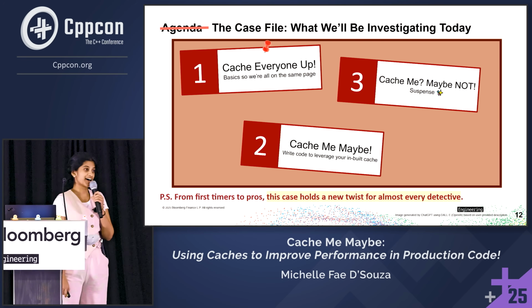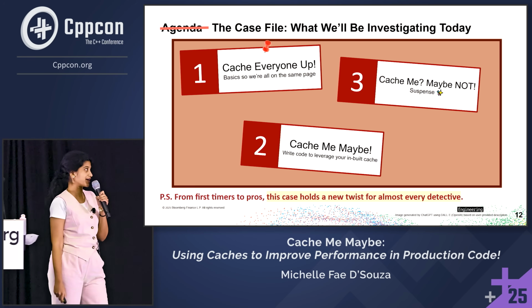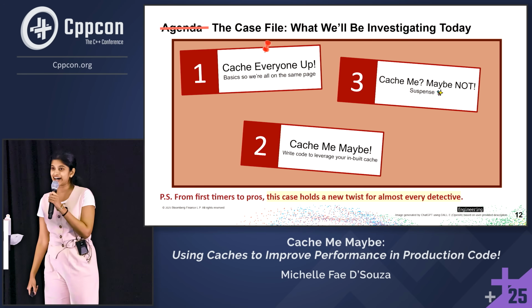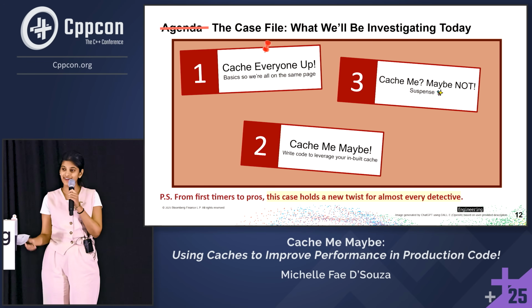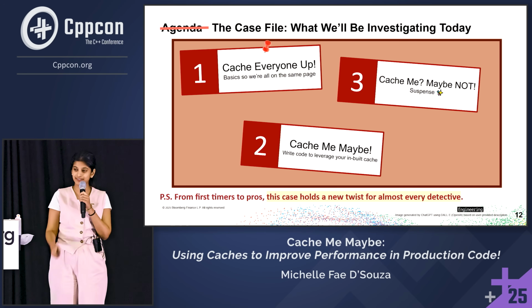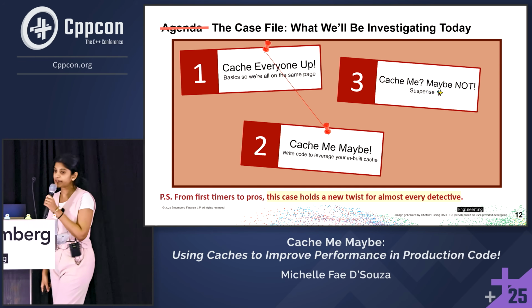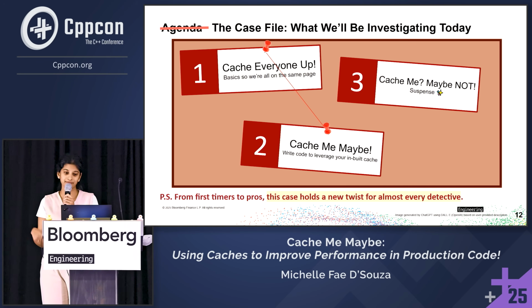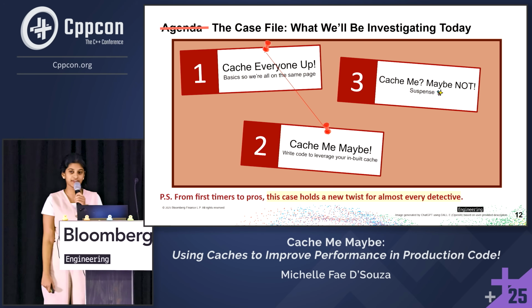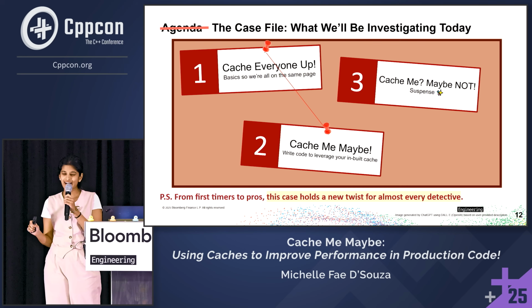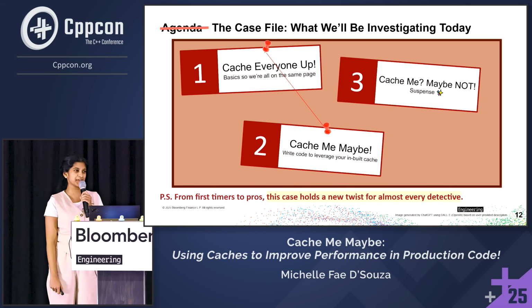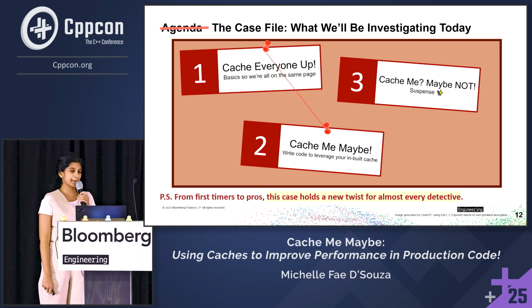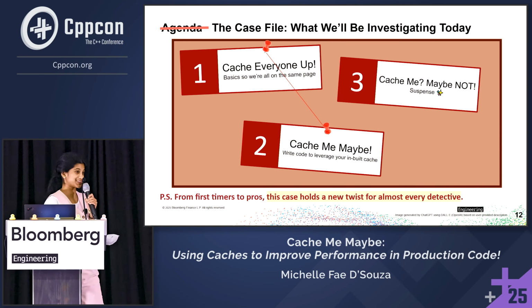We're going to first start off with caching everyone up, making sure that we're all on the same page with a few of the basics. We will then pivot onto something that I like to call cache me maybe, and this is just how to leverage your inbuilt cache. And I know this has been talked about already at this conference, but we're going to see some stuff that you've not seen before.